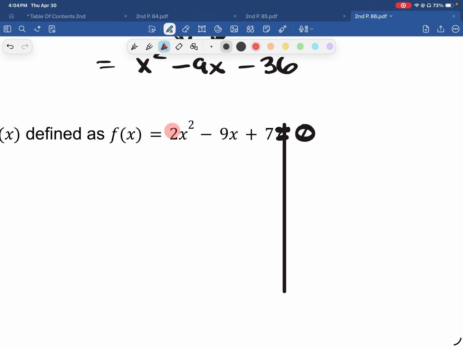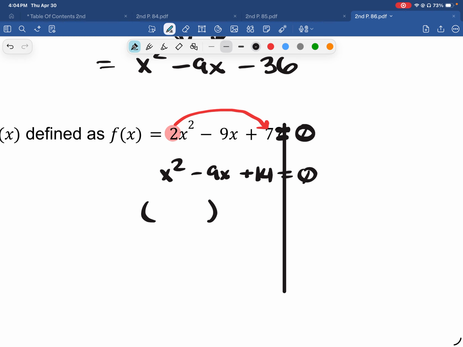Then, because there's no GCF and there's a number in front of the x squared, I'm going to start the slide and divide process. Rewrite that as x squared minus 9x plus 14 equals 0. Factors of 14 that add to negative 9 are negative 2 and negative 7.